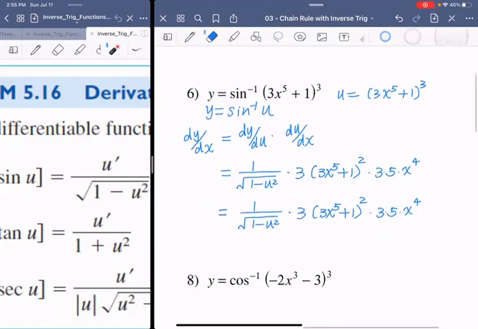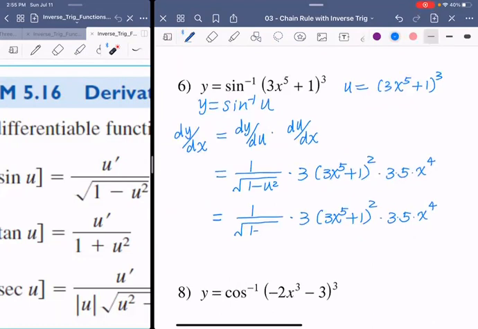So u is going to equal that, so I'm going to rewrite this. The square root of 1 minus u squared is going to be 3x to the power 5 plus 1, to the power 6.